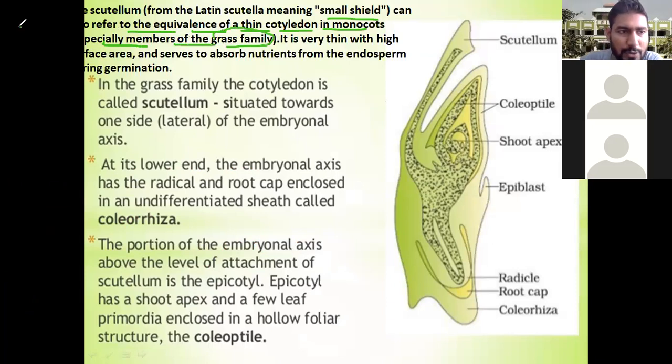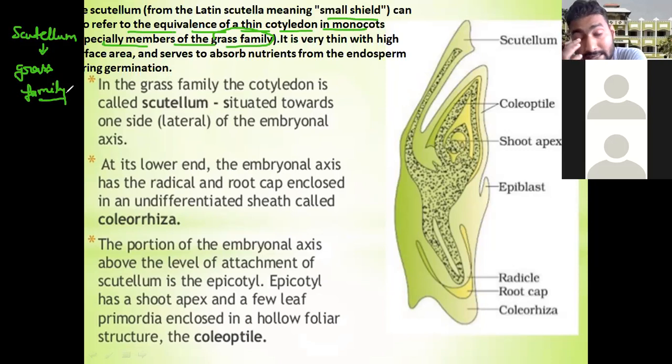This is a PYQ: scutellum is found in members of the grass family. Very, very important. Graminae. I also told you yesterday, LPG: Liliaceae, Palmae, Graminae. These three families are considered monocot families.